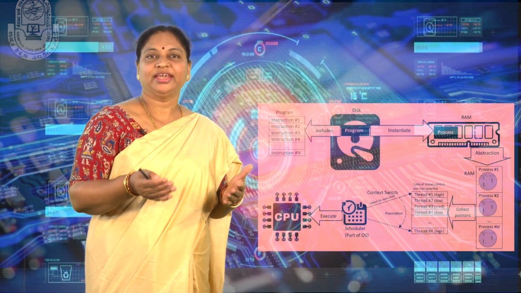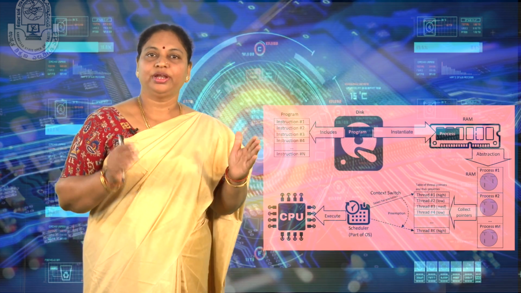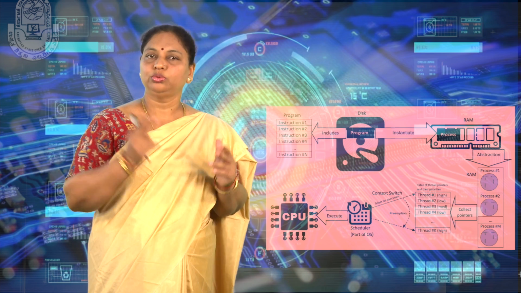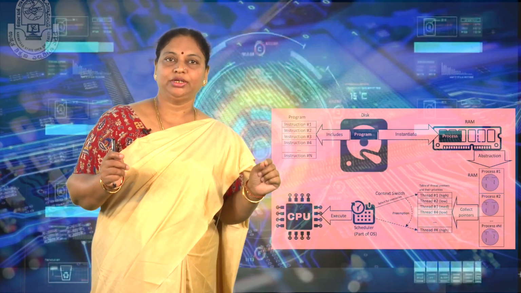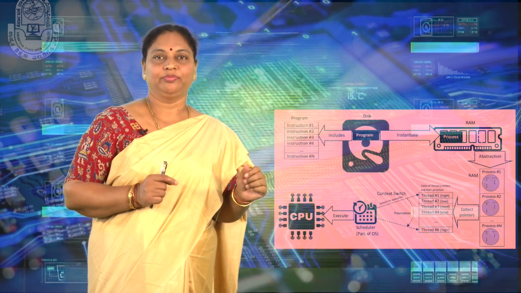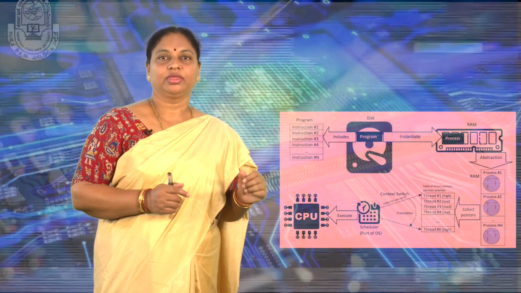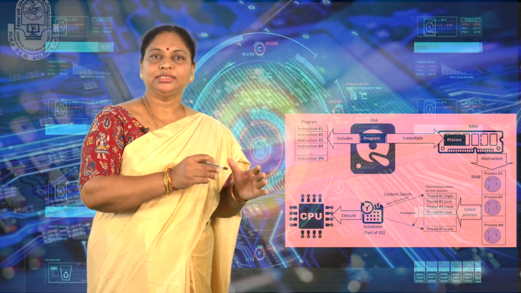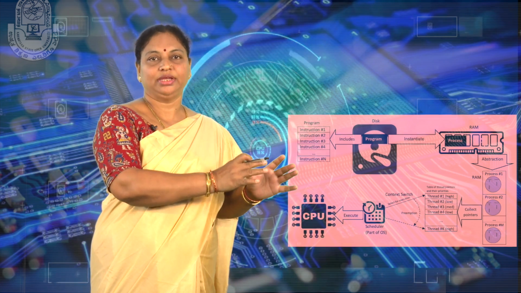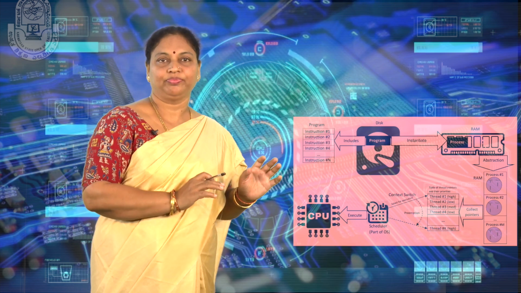See, now we can compare a program with a process. Program and process, they are two different entities. A program is said to be a passive entity, whereas a process is an active entity. Why a program is a passive entity: it is just a file containing a list of instructions stored on some storage device, say disk.